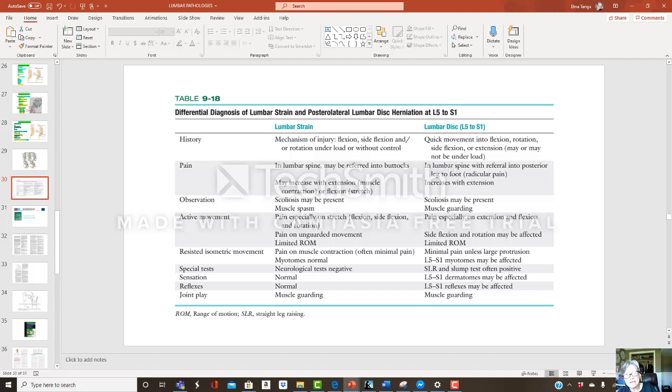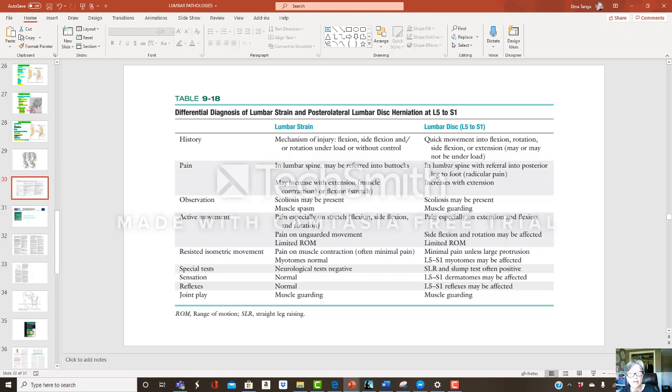Lumbar strain. Mechanism of injury: flexion, side flexion, and or rotation under load or without control.